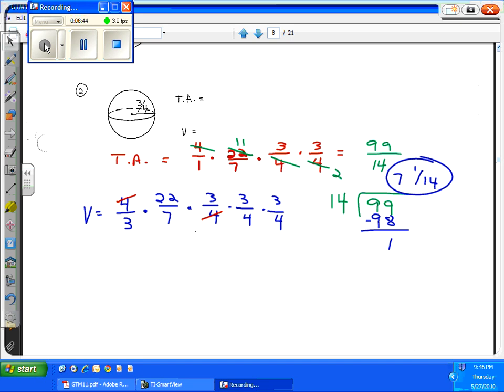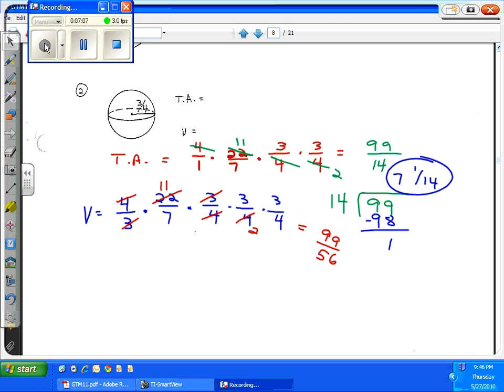That 4 will cancel that 4. That 3 will cancel that 3. 4 goes into 4 once, 4 goes into 22, 11. So we're left on top with 11 times 3 times 3, which is 99. We're left on bottom with a 7 times 2 is 14 times 4 is 56.